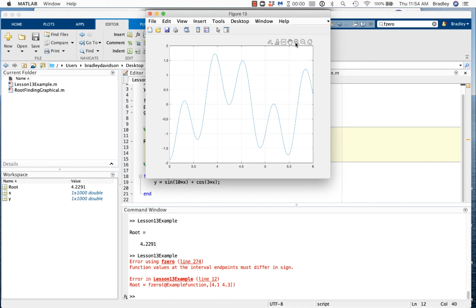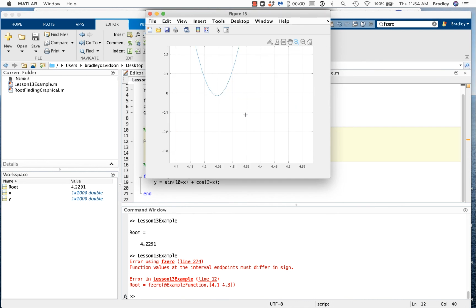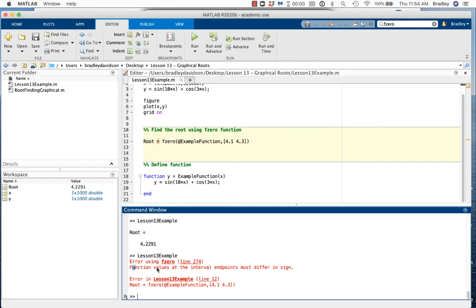And then by putting in 4.1 and 4.3, we just got an error. And here's why we just got that error. So 4.1 is on the left side of where the 0 is. 4.3 is on the right-hand side of where the 0 is. And so this interval itself contains two zeros. But the error that it gave us is that the function values at the interval endpoints must differ in sign.